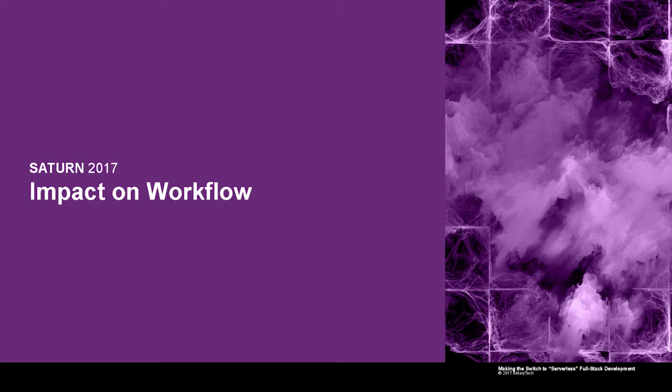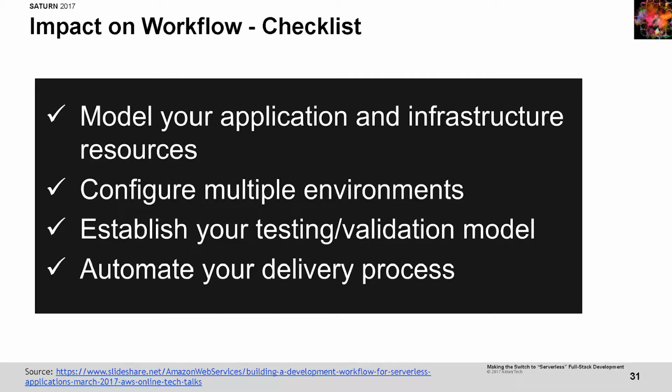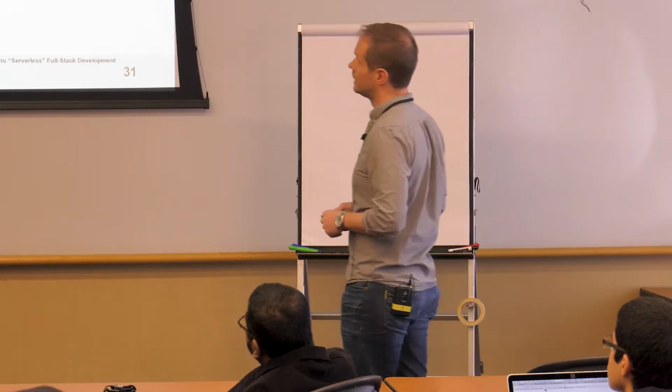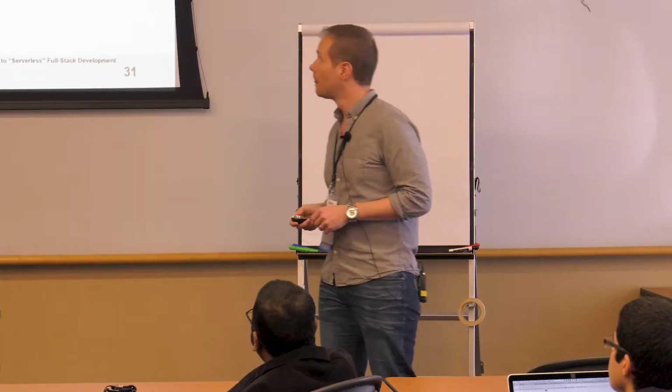All right, impact on workflow. When you think about workflow, these are the 4 steps that Amazon recommends, and I think it's a good template to follow. Modeling your application and infrastructure resources, so thinking about what you're going to have to deploy when you actually get up into the cloud.